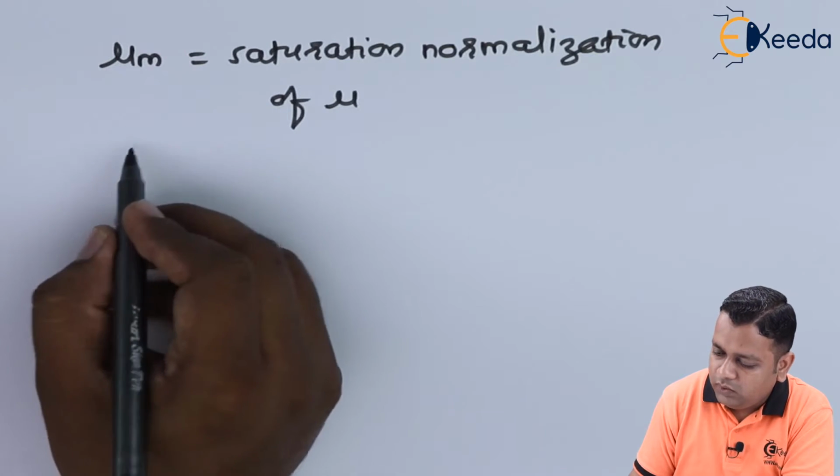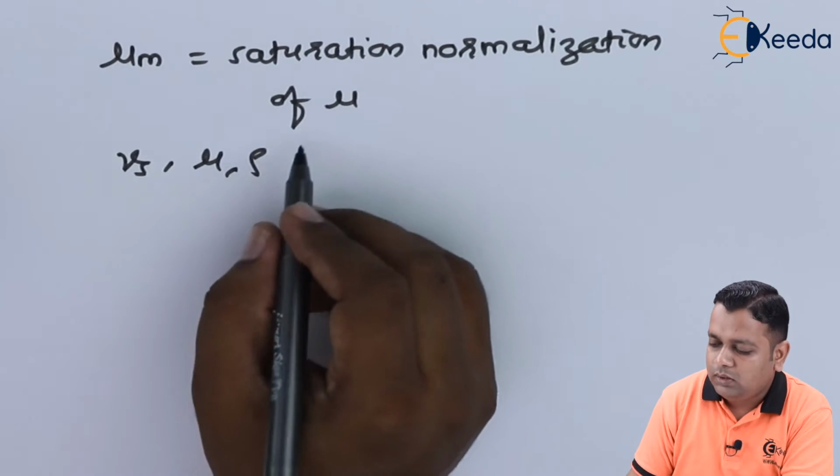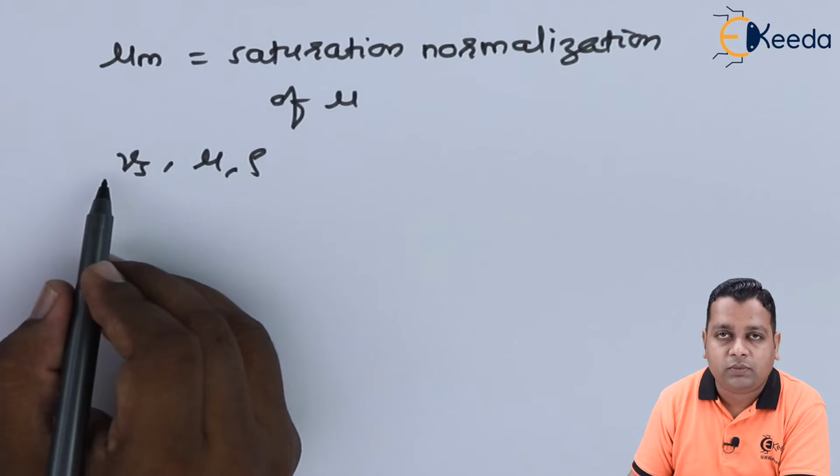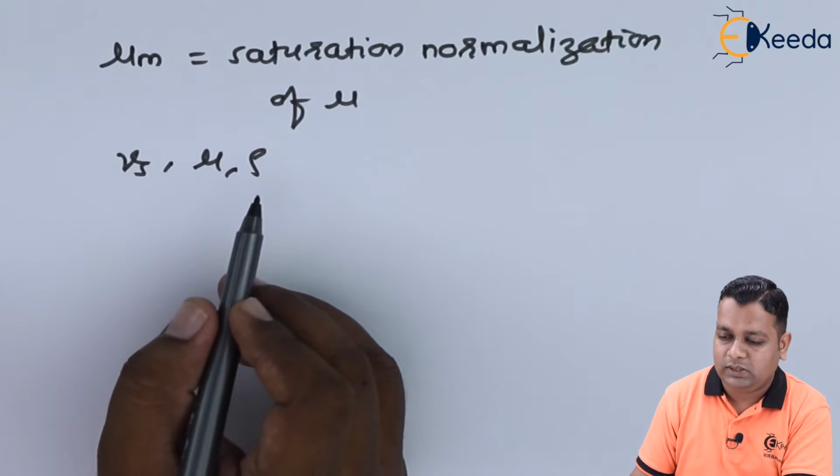And finally we have V_s, mu and rho, where V_s is the saturation drift velocity, and these two parameters we have addressed previously.